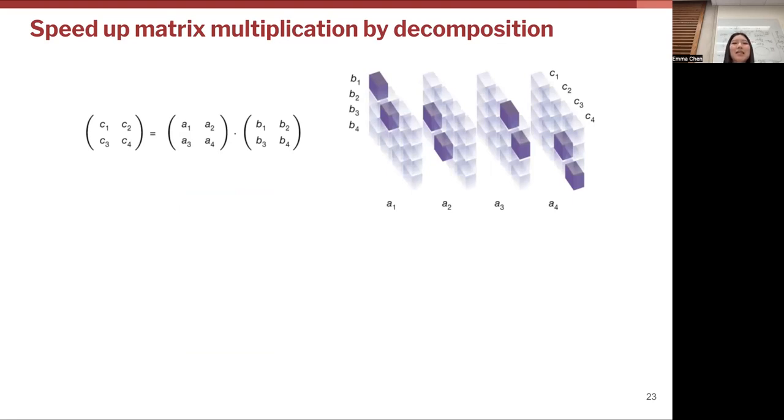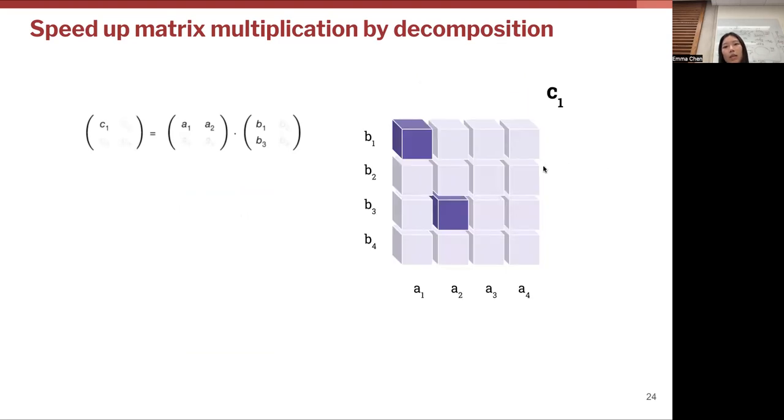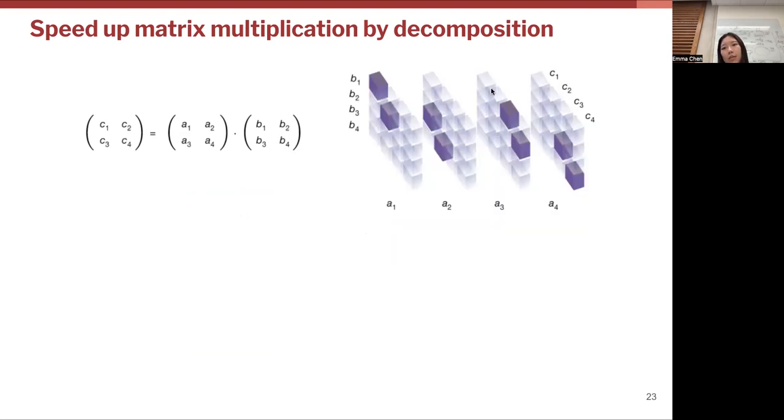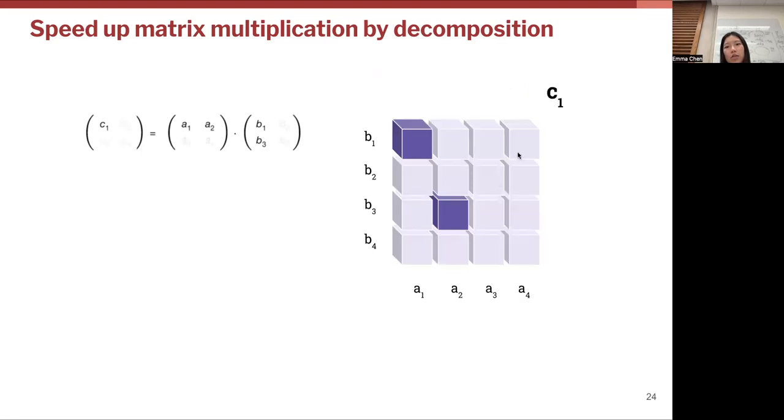Basically, it says every matrix multiplication can be represented in the form of a 3D matrix. So it's just a representation. For each dimension, let's look at the C channel, the C1 channel here. For each C dimension, we'll have a 2D matrix with 1s or 0s.